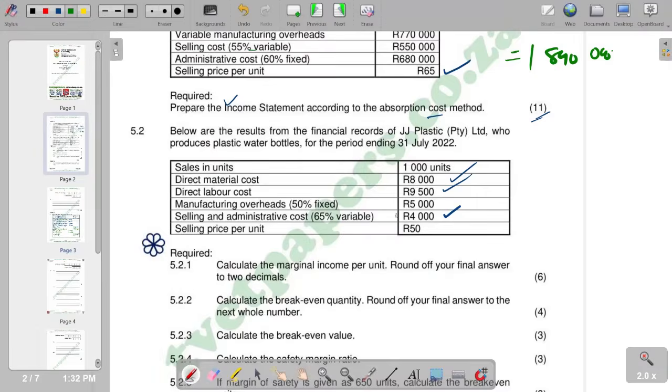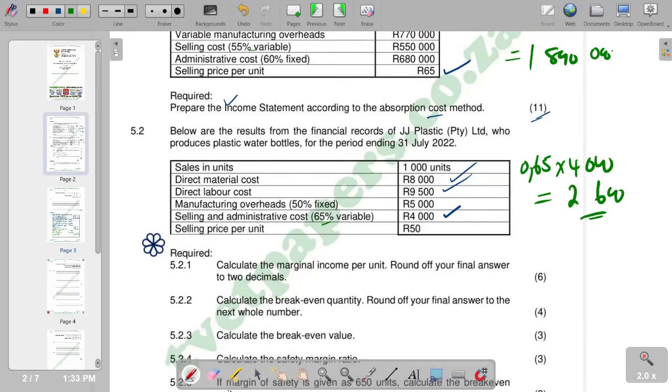So to get the variable part, you say 65% as a decimal is 0.65, and then you multiply by 4,000. So you're going to get 2,600.